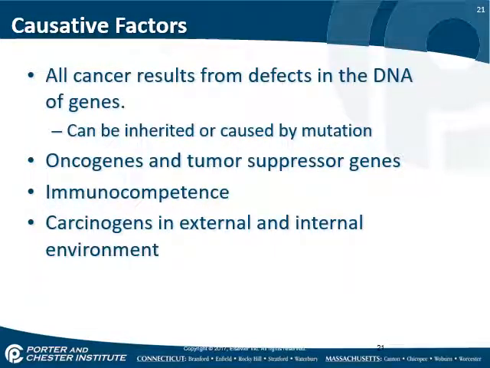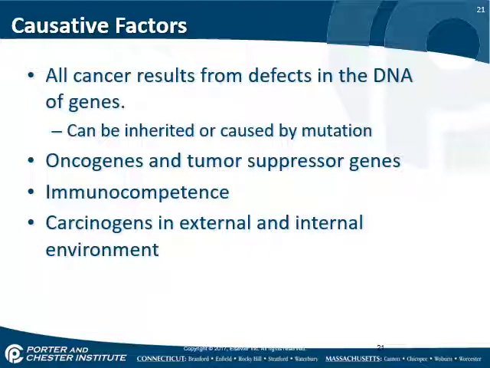Causative factors. So all cancer results from defects in the DNA of genes. And this can be inherited or caused by a mutation somewhere. We have things called oncogenes, and then there are tumor suppressor genes, which we will talk about in a little bit.